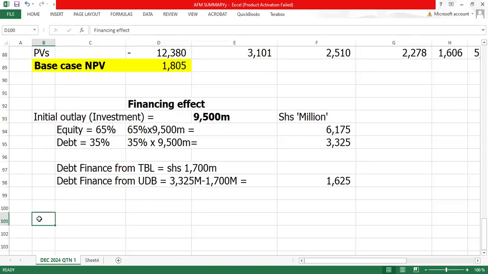We need the tax relief on the TBL loan. How do we get this?